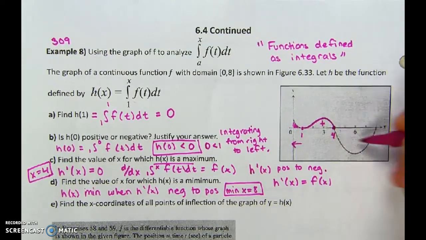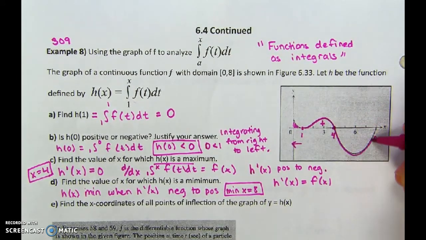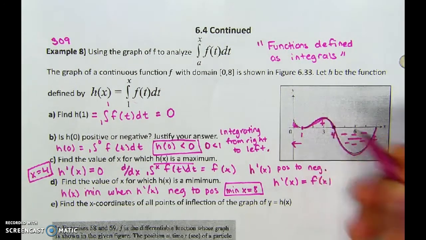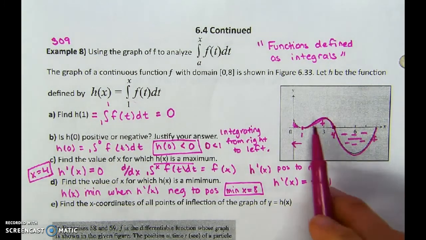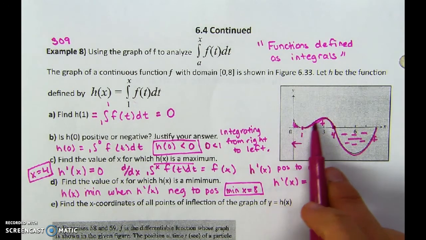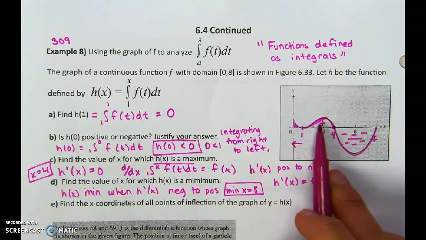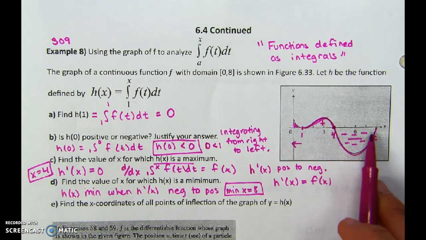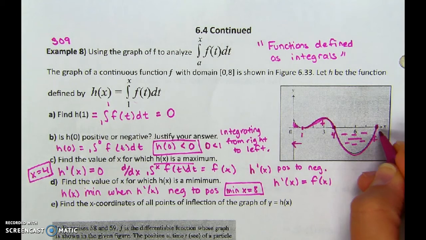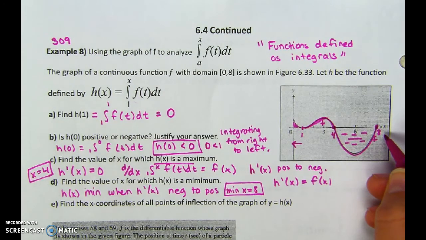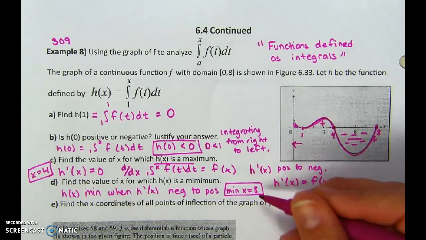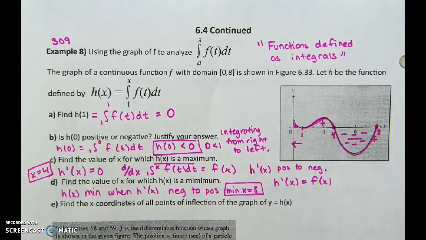But then what can you conclude about this piece here? This piece is much more negative. There's lots more negative than this positive area, correct? So if we have this little positive number here, like positive 2, and then this is say negative 6, then by the time you got to 8, you would be at the minimum because it's just all negatives. Okay, so the minimum of the h function is at 8.